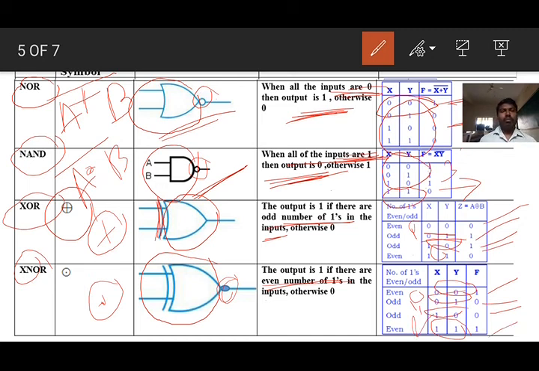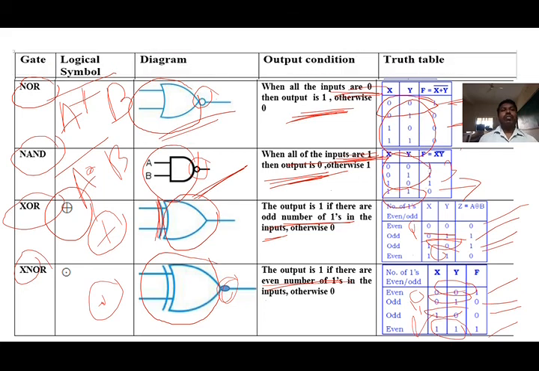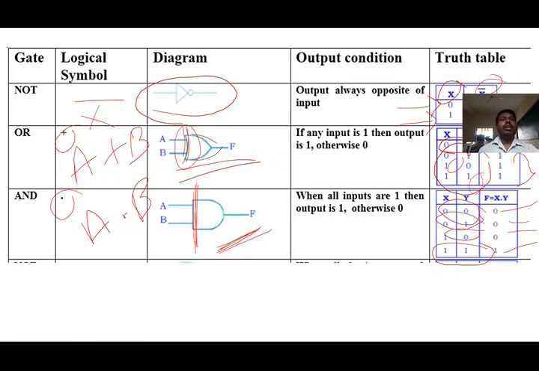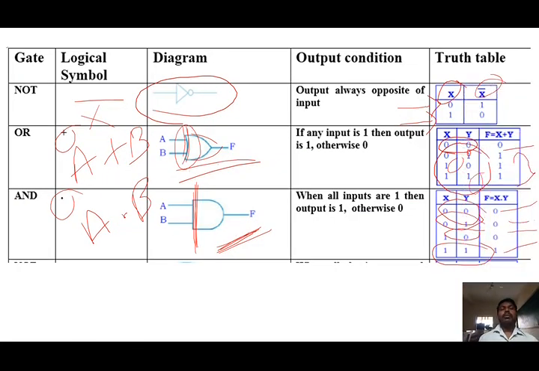My dear students, the common fields are gate, logic symbol, diagram, which means logical diagram, output condition and truth table. For example, in the examination, if they ask to explain all the gates for 3 marks, you should write the definition of logic gate, logical symbol, diagram, output condition and the truth table.